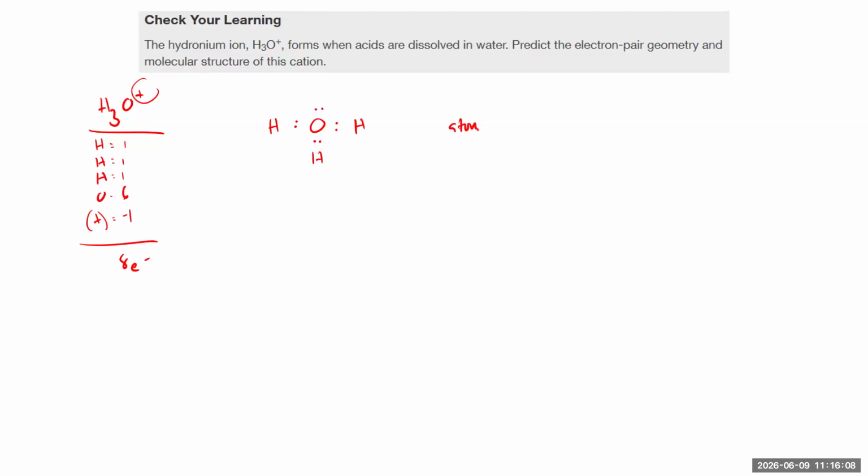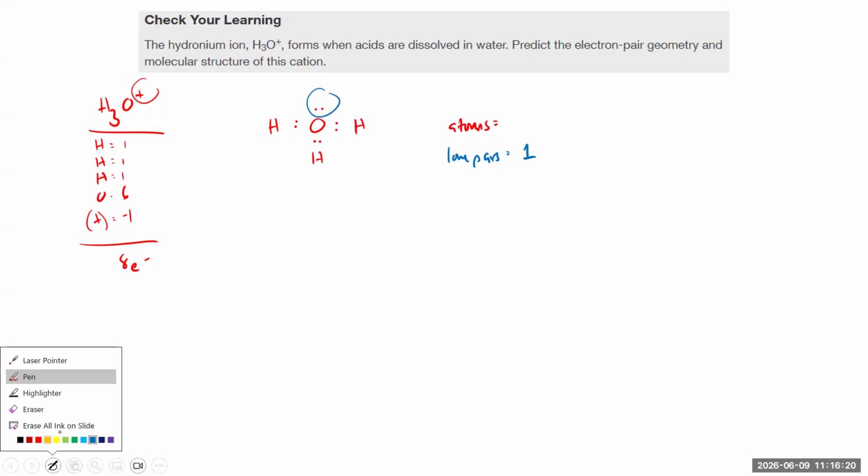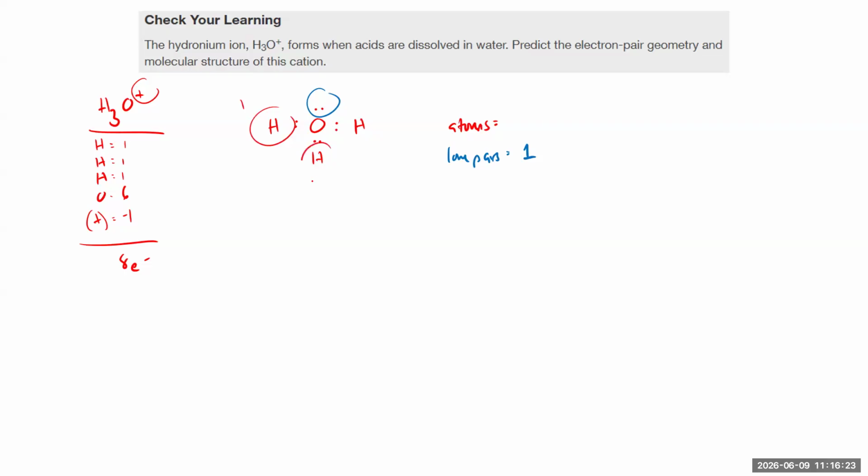We're going to count the atoms. And then we're going to count the lone pairs. Well, we have 1 lone pair. Here we have 3 atoms. 1, 2, and 3. We have 4 total connections. So that's going to be an electron geometry of tetrahedral.